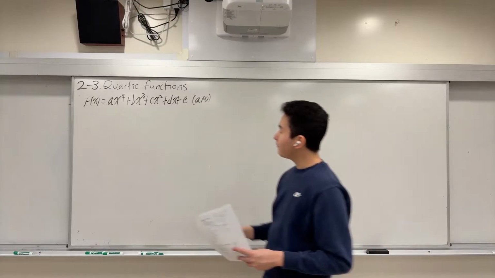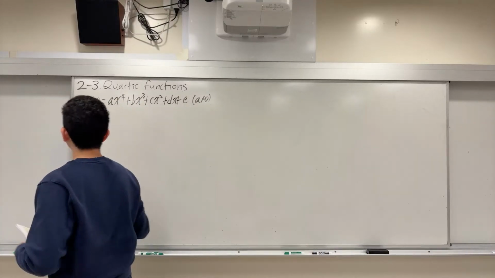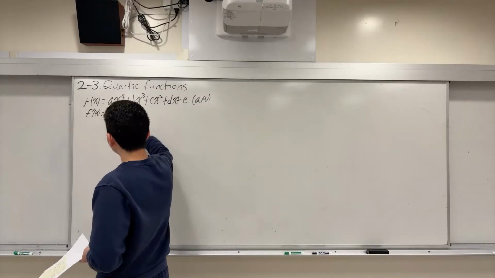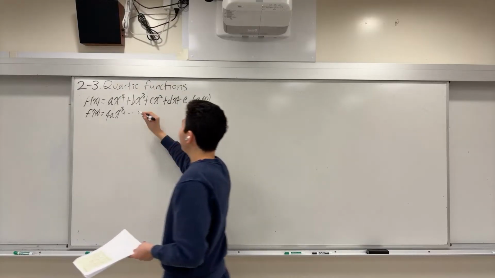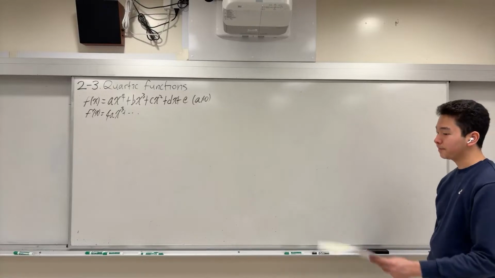Okay, so f prime of x here, right? Since we've learned that derivatives are very important ways of analyzing such functions, let's only take the derivative of the first term since that's most important, 4ax cubed plus blah, blah, blah, right? So the derivative of a quartic function is going to be a cubic function.